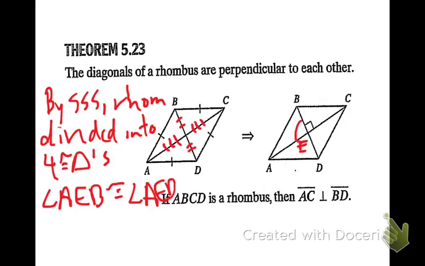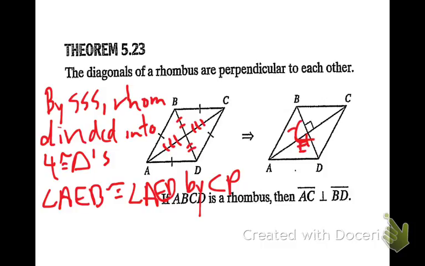So this angle is congruent to that angle. How do I know that they're congruent? Somebody else? We said the triangles are congruent, so how do I know the angles? Lily? Yeah, by CPCTC. So those two are congruent by CPCTC.